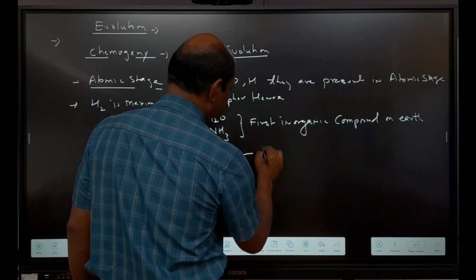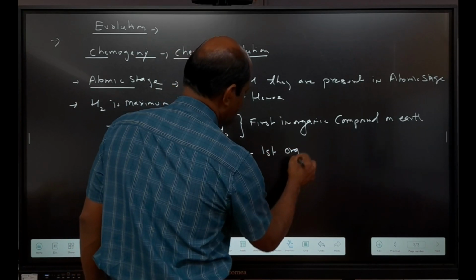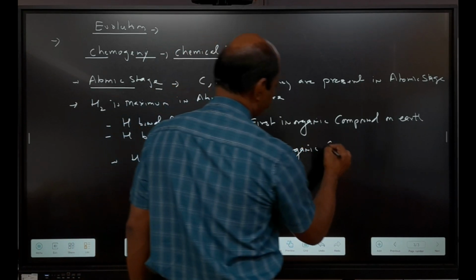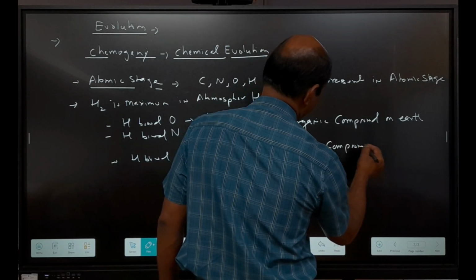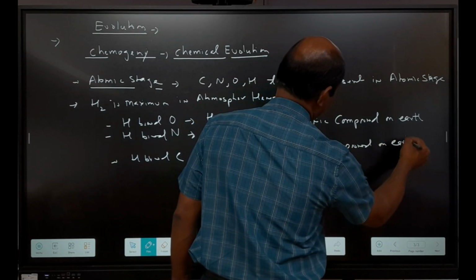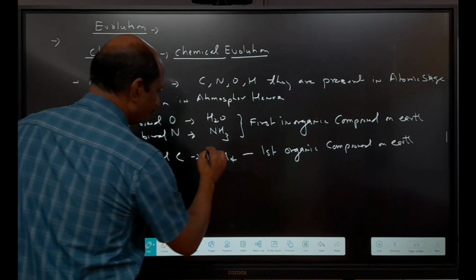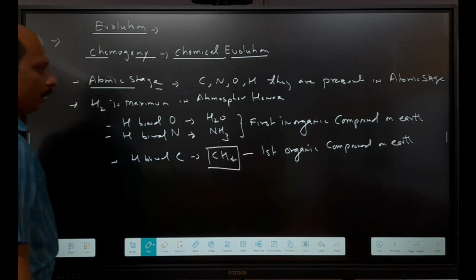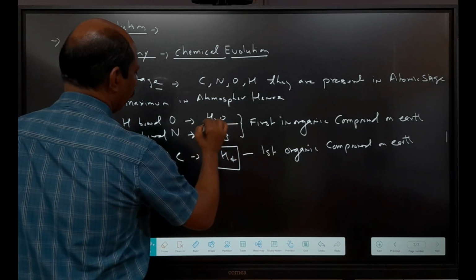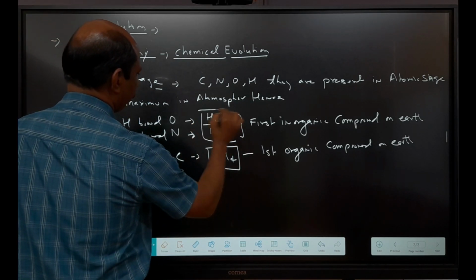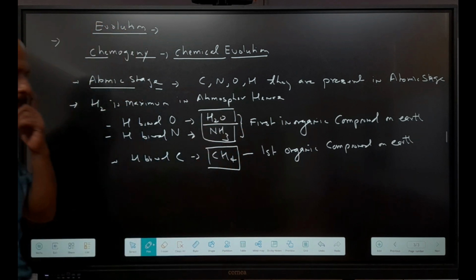CH4 is considered the first organic substance on Earth. Right? First organic substance means methane. First inorganic substance means water and ammonia. Okay.